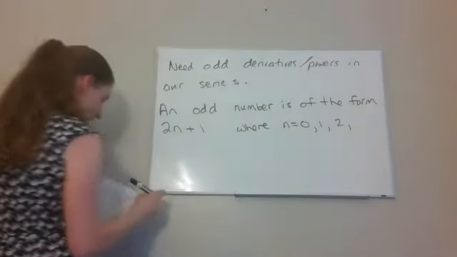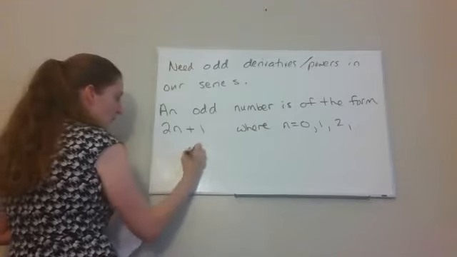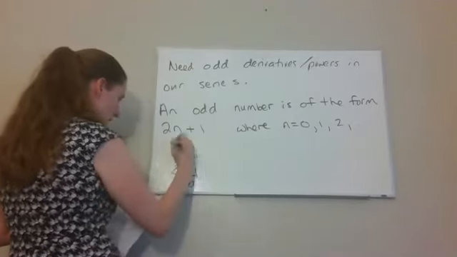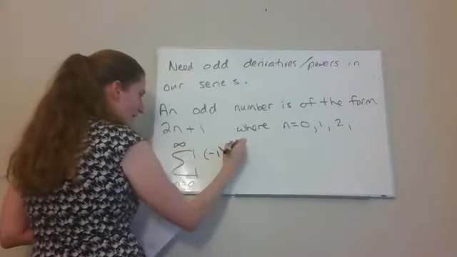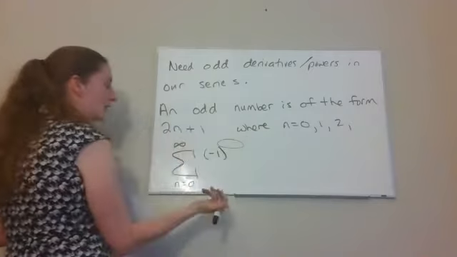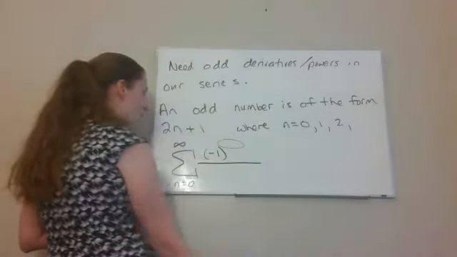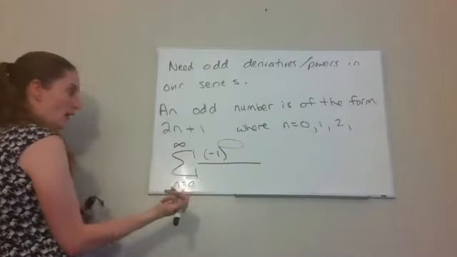So I know that if I look at my MacLaurin series, I need alternating powers or alternating signs. I'm leaving that power unknown right now. We'll figure out if it should be an n or an n plus 1 or what's going on up there at the end.